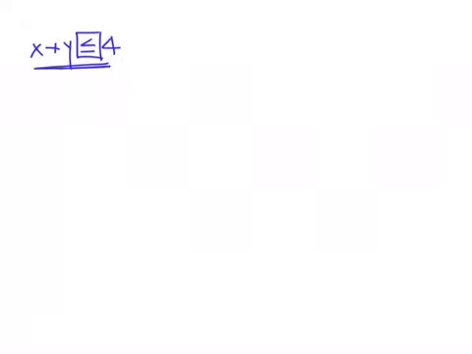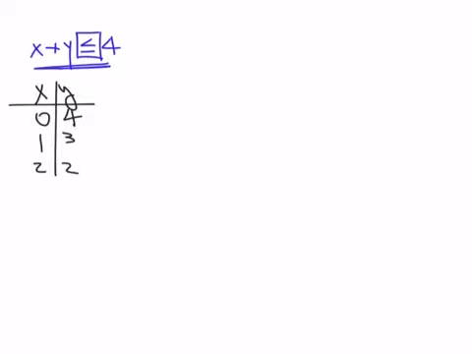Those are our options. So if I were to make a little table here, and let's say I put 0 in for x, 0 plus 4 would be 4. What if I put 1 in there? 1 plus 3. If I put 2 in there, 2 plus 2.